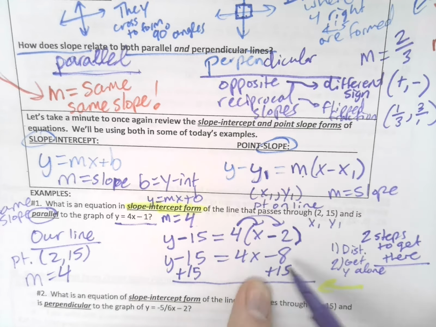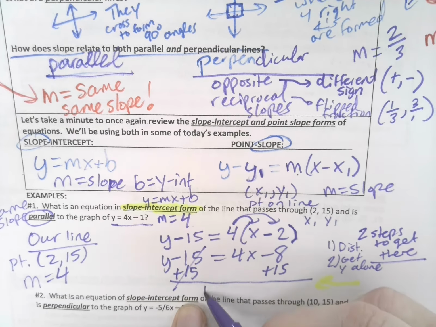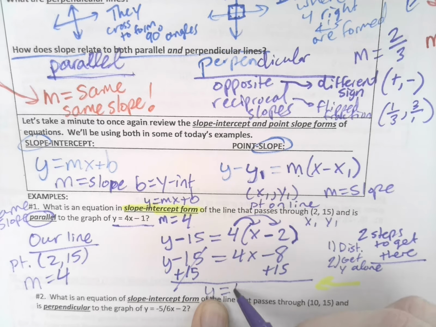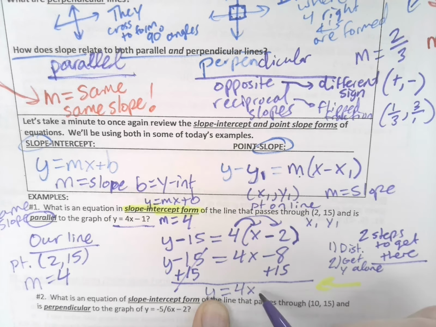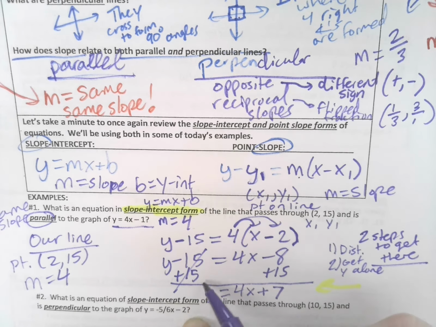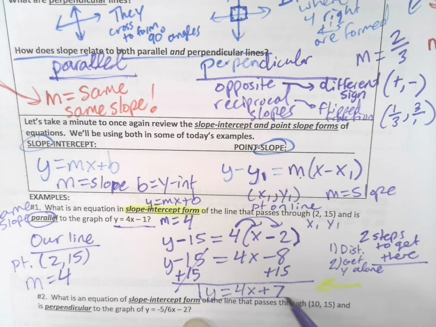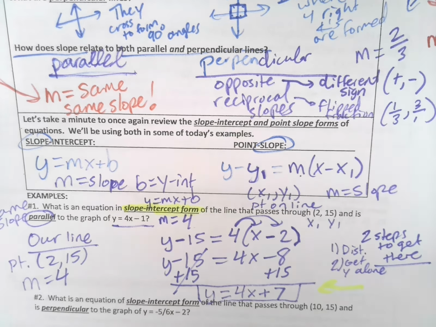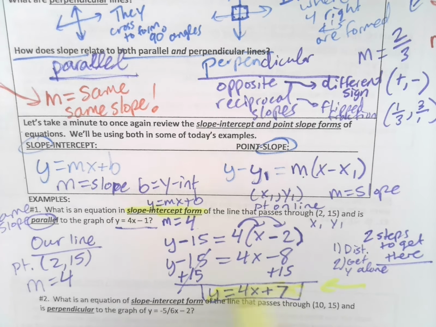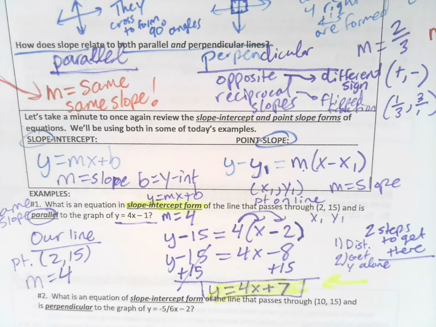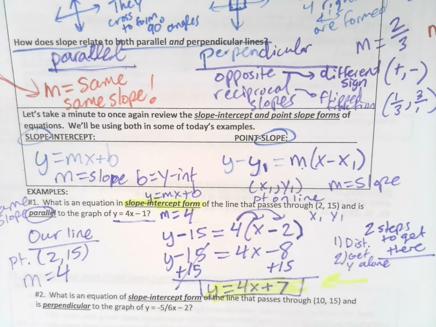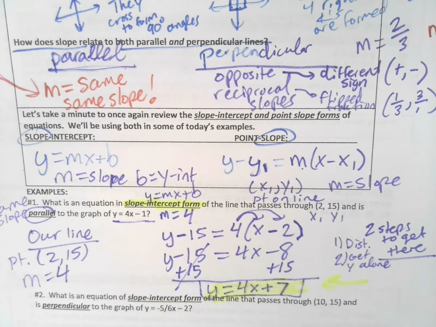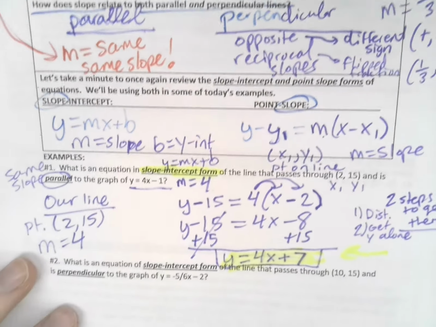Yeah, so add 15 over, cancels. You get y equals 4x. Negative 8 plus 15 would be positive 7. And so that is what we were looking for right there. Y equals 4x plus 7. Great job, guys. Fantastic job.